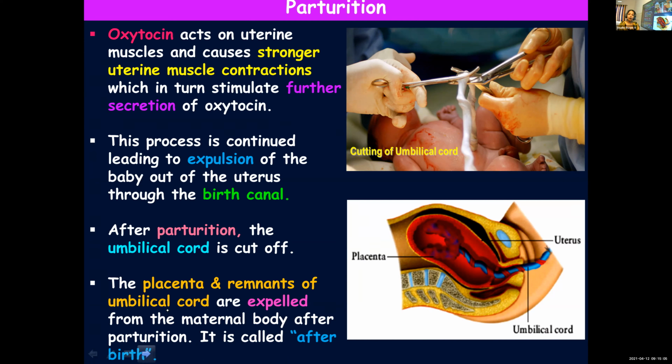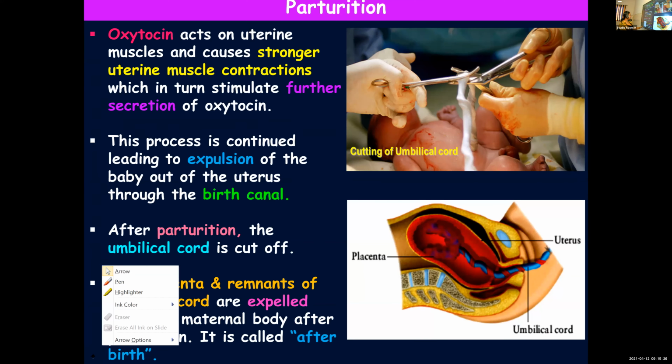It is meant for nourishing the baby and carrying out different functions that support the pregnancy. Once the baby is delivered, the placenta is no longer needed. So as soon as the baby is delivered, the placenta, along with the remnants of the umbilical cord with which it was attached to the embryo, will be expelled out. This is known as afterbirth. The birth of the baby has already taken place, which is followed by this afterbirth.